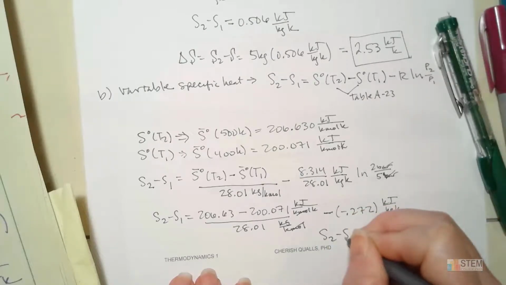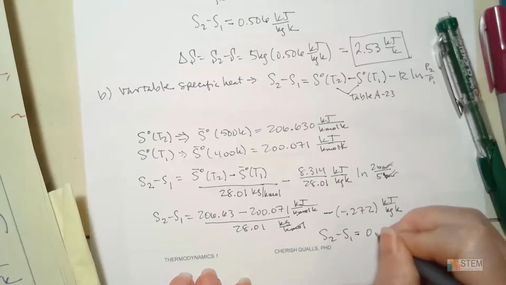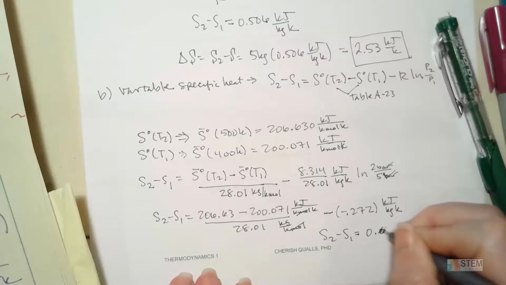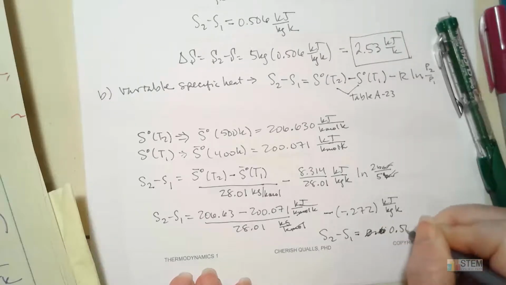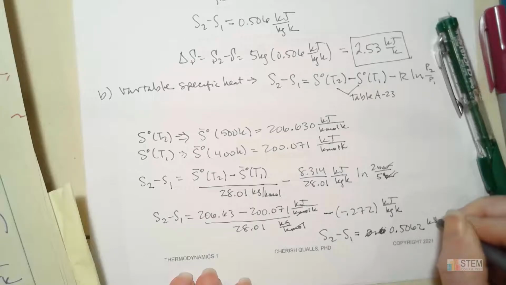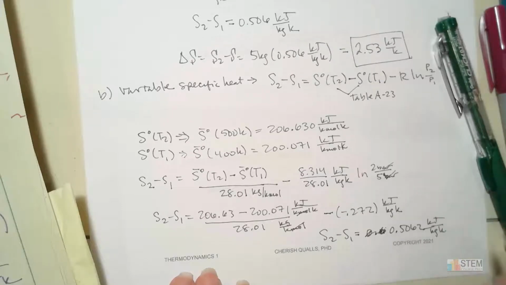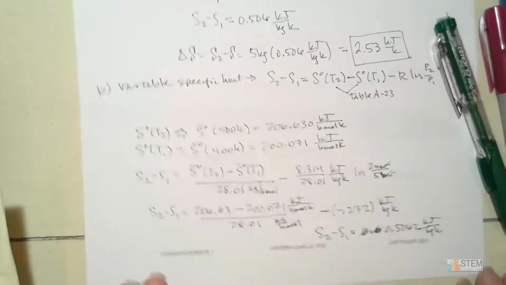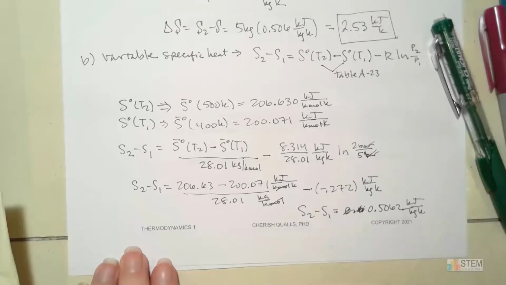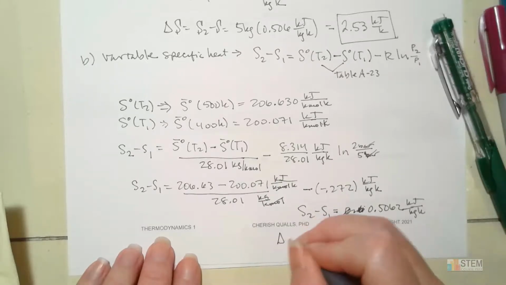So then S2 minus S1 is going to be 0.5062 kilojoules per kilogram Kelvin. All right, so this is our change in specific entropy. Now I want the change in regular entropy.